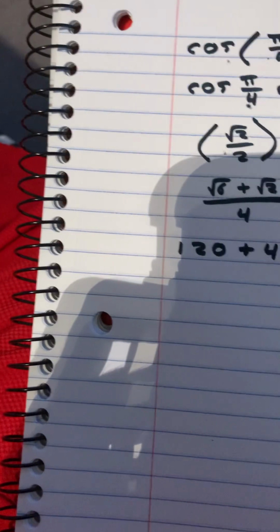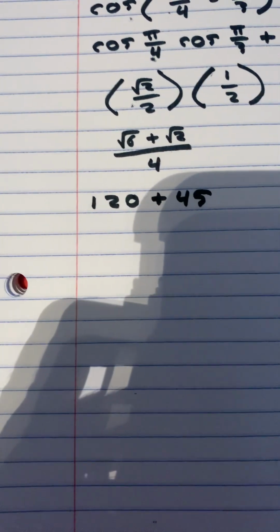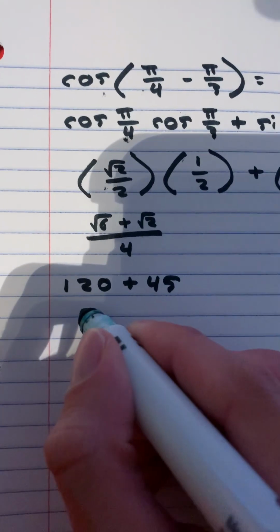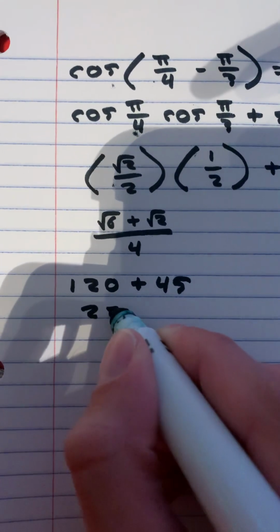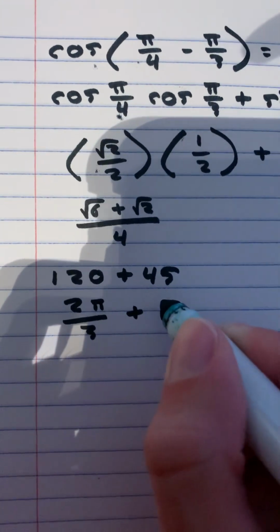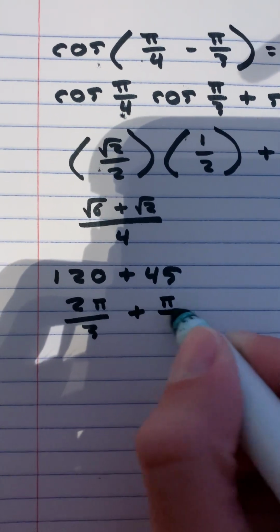I got to get that into radians. So is 120 2 pi over 3 in radians? Let me see. Yep, it's 2 pi over 3. So we've got 2 pi over 3 in radians, plus, and 45 is going to be pi over 4 in radians.